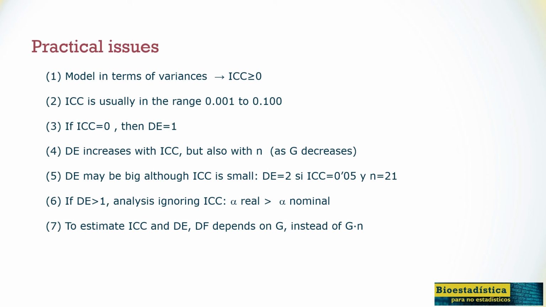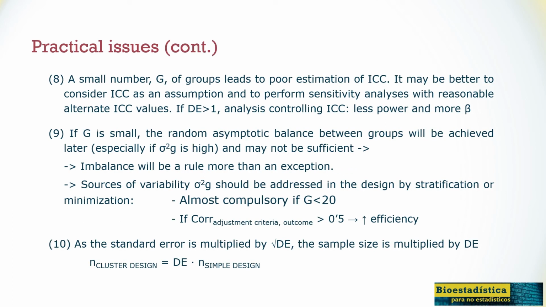7. The degrees of freedom for estimating ICC depends on the number of G groups rather than the number of GN cases. 8. The ICC estimate is usually very poor. It is better to rely on a conservative premise about its value. For example, ICC is equal to 0.10. 9.